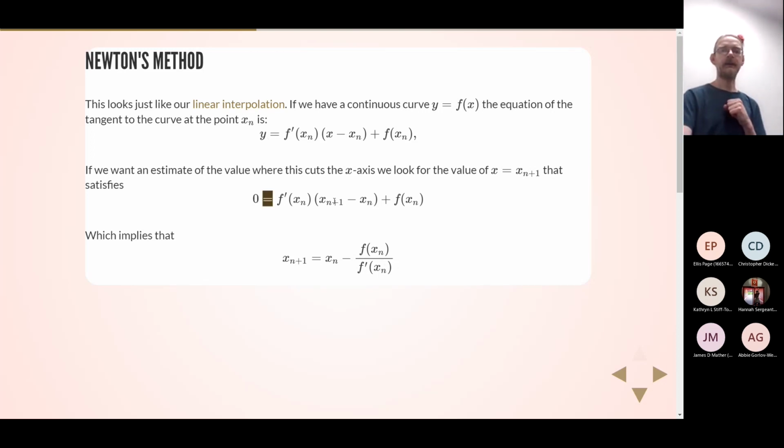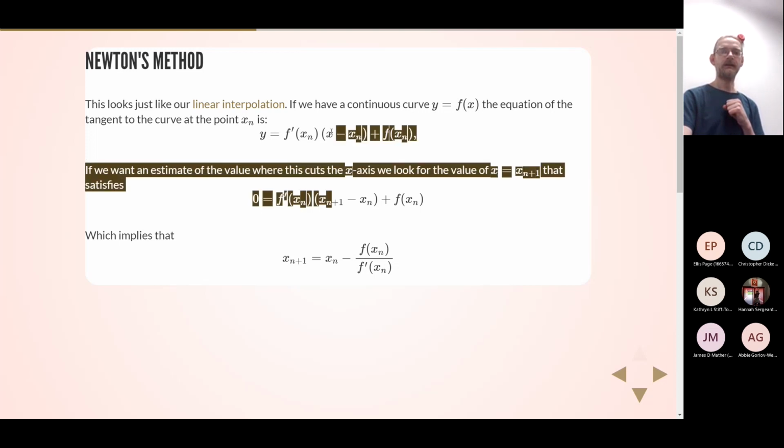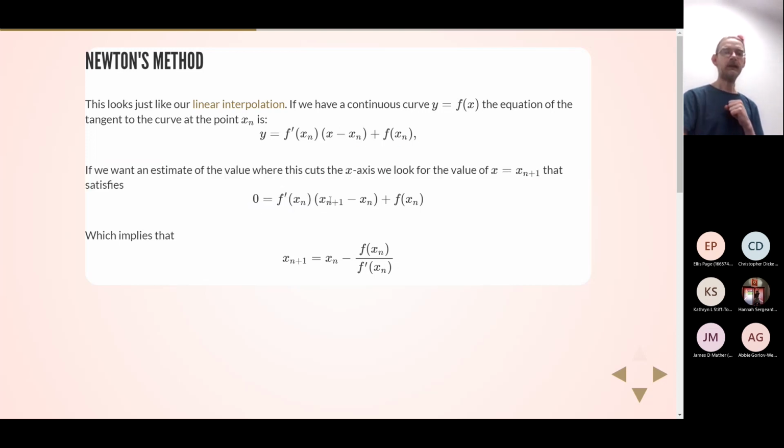So we want the left-hand side to be equal to 0, and we'll call this new point xn+1. So we're going to do it iteratively. We will find the next point, and then we will keep repeating. The reason this isn't exact is because this is a first order Taylor expansion.